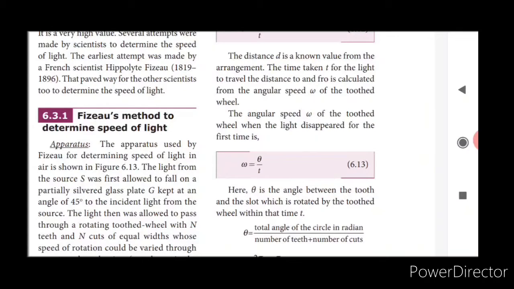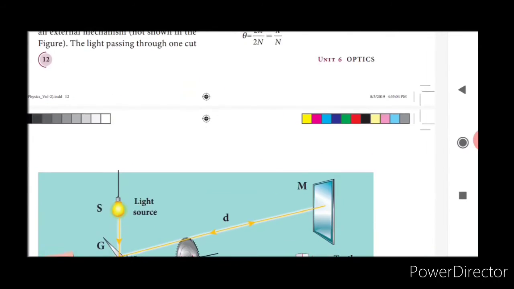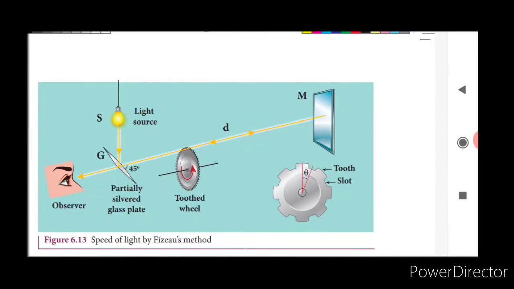The apparatus used by Fizeau for determining the speed of light in air is shown in the figure. Look at picture 6.13. This is Fizeau's method. The light from the source falls on the partially silvered glass plate, which is at a 45-degree angle.